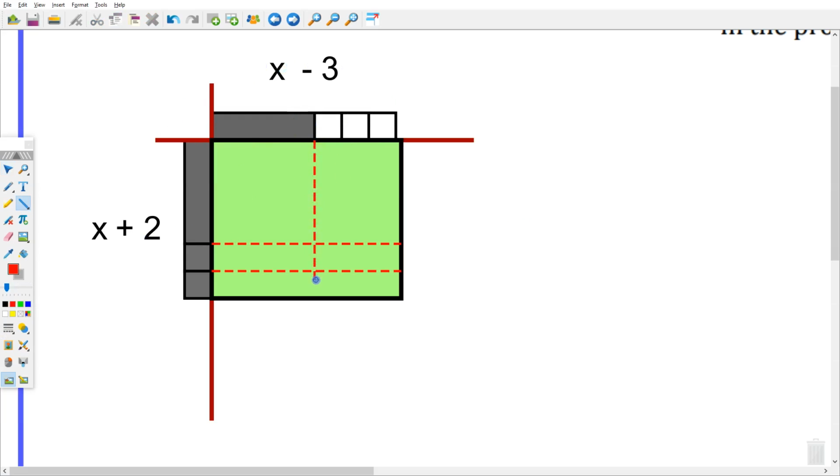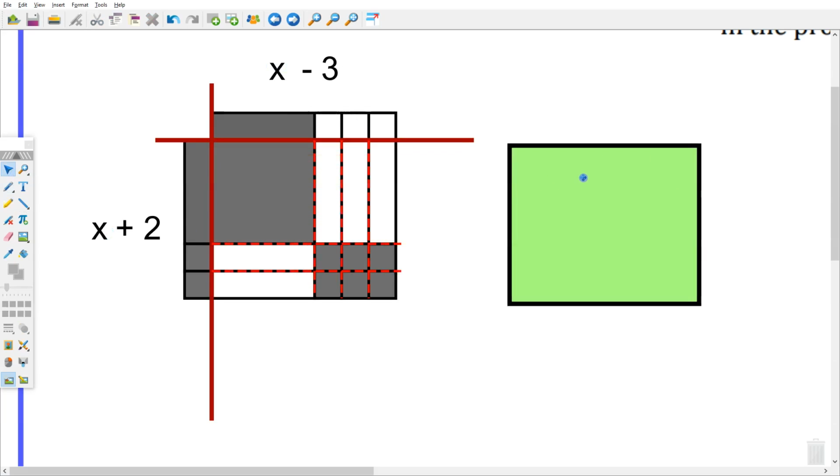If I go through this way, you can see the outline of where these tiles are going to end up, and you can predict what your product is going to be. Once you fill in your slots, this tile here is positive x times positive x, which ends up being x squared.